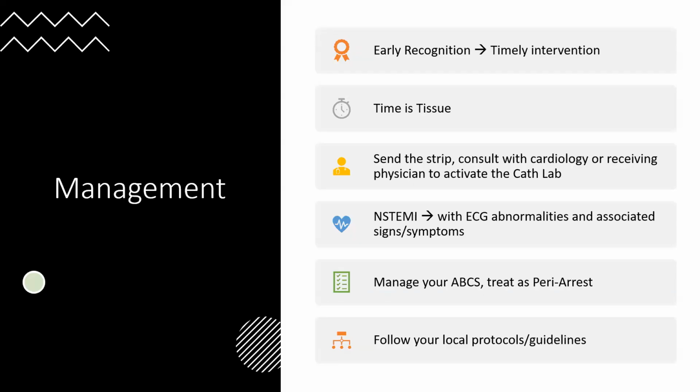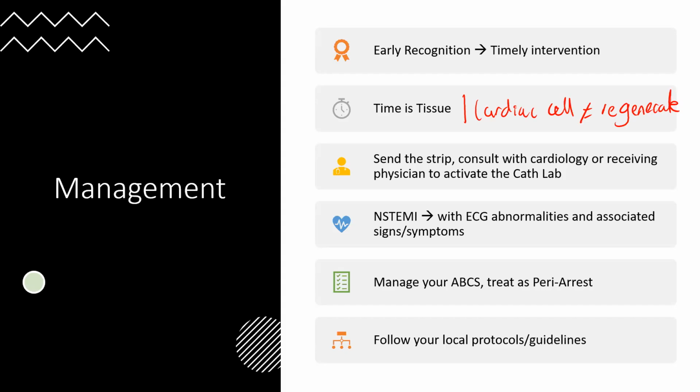So management, early recognition, and timely intervention is probably the biggest thing that we can do as clinicians in the pre-hospital setting. Time is tissue. Cardiac cells do not regenerate. So remember that time is tissue. You cannot regenerate dead cardiac cells.